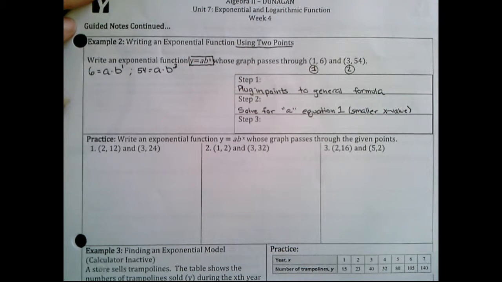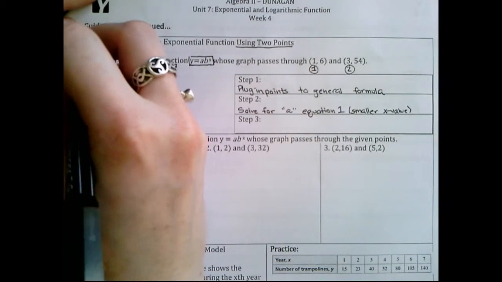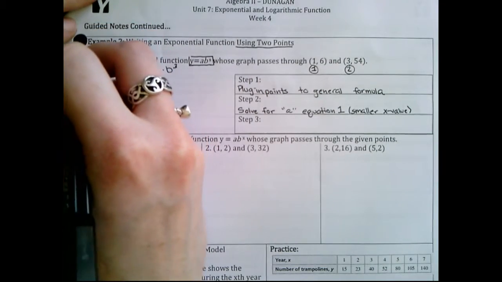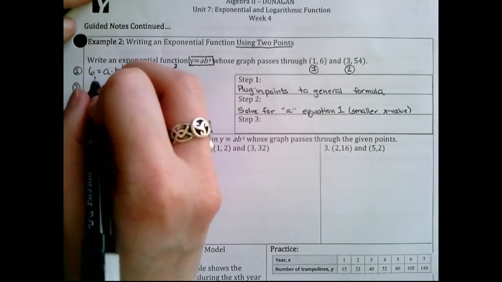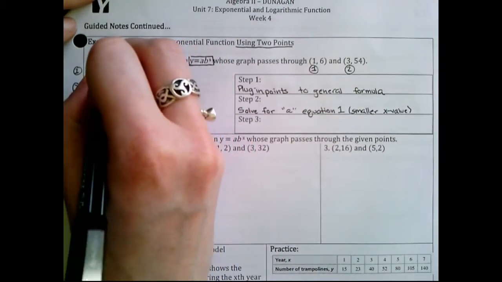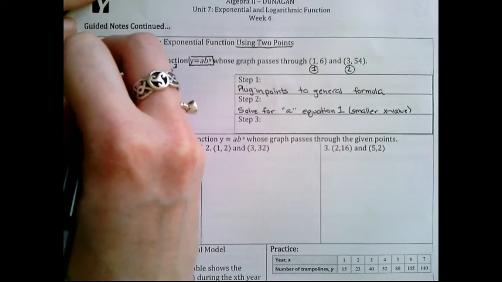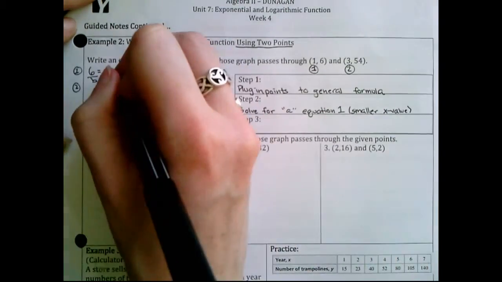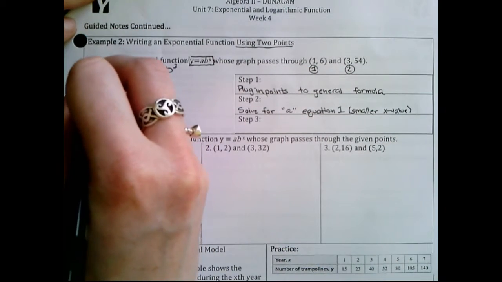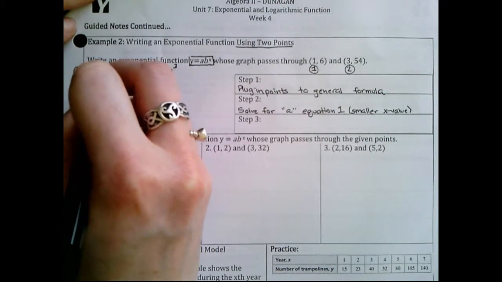That's just going to make our solving a little bit easier as we move forward. So step 2, solving for a, this was step 1 here. In order to solve this for a, I'm just going to divide by b. Because I have 1b up top, I'll divide by 1b on bottom, that means these cancel out. I'll have 6 over b is equal to a.